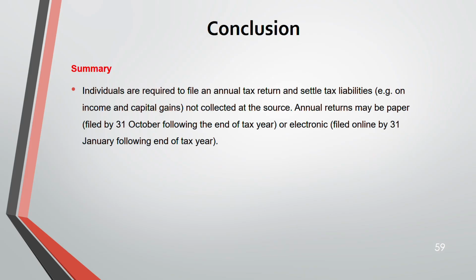Individuals are required to file an annual tax return and settle their tax liability if it's not collected at source. This is done by 31st January following the end of the tax year. Your tax year ends 5th April 2025, so 31st January 2026 is the date you have to file your tax return.